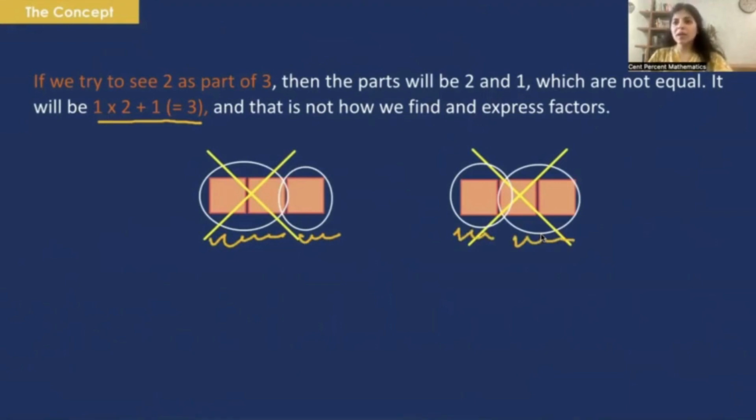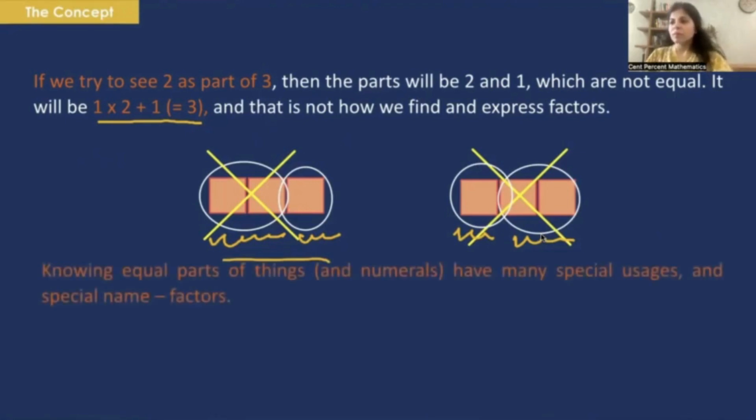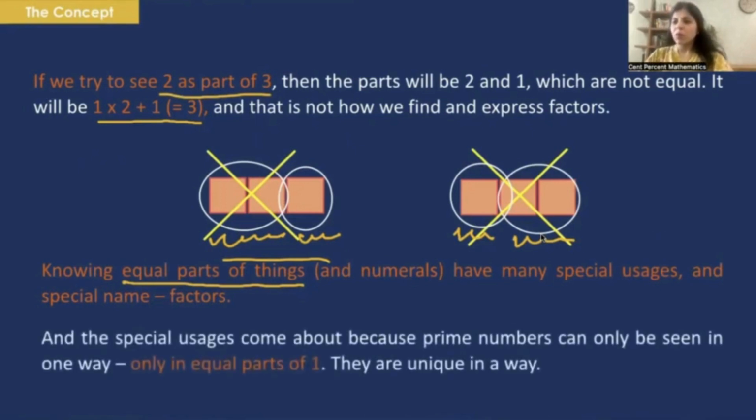We want to stress the fact that it can be only in parts, in equal parts. 3 should be only in equal parts. These are not equal. And we all know equal parts of things have many special usages. That is why we are not continuing with 2 as a part of 3. Only 1 could be a part of 3, only in equal parts of 1. This is all what we know for prime factors, primes.